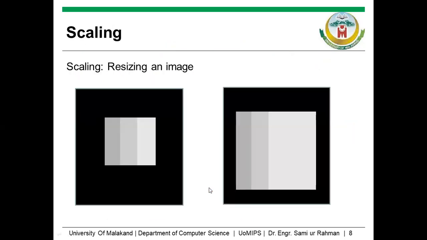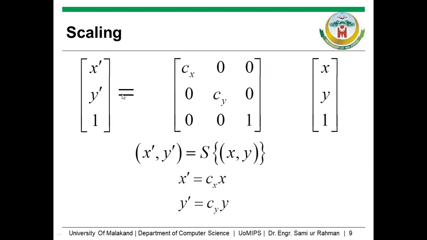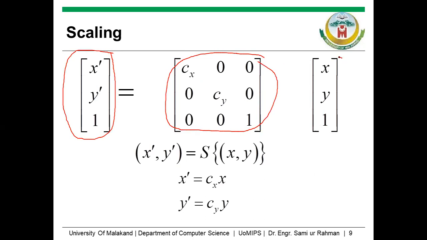Now scaling is the concept of resizing an image. Let's say we have this object and we have expanded it. How is this represented mathematically? We have this matrix which represents the new values of the scaled object. This is the scale matrix, this is the original pixel values, and these are the new values.